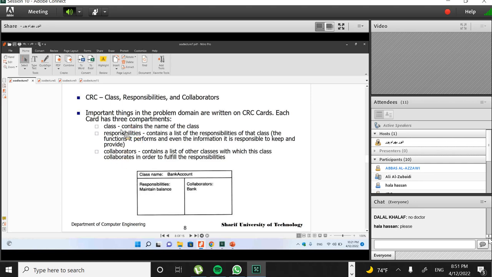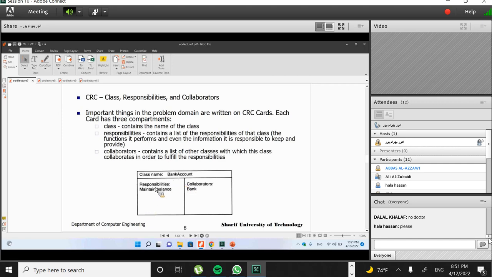Define these concepts as stated in this slide. The class part of the card records the name of the class.